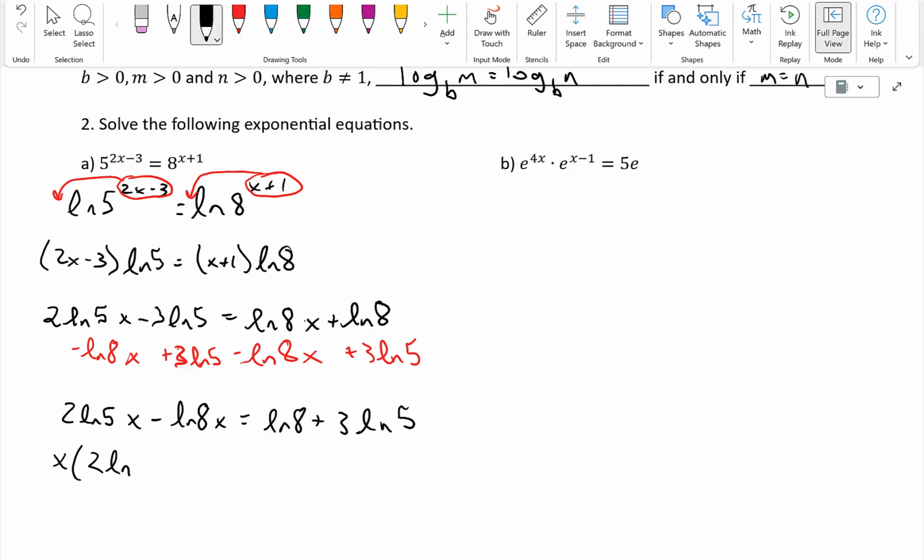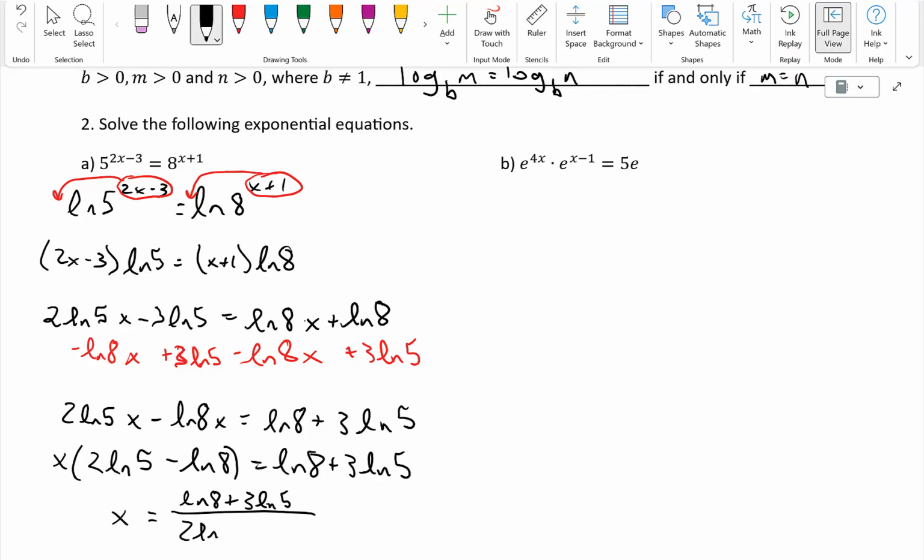So x times our quantity, 2 ln 5 minus ln 8, is equal to ln 8 plus 3 ln 5. And to solve for x then, we just want to divide out that whole factor that's being multiplied by. So x would be equal to ln of 8 plus 3 ln of 5 divided by 2 ln 5 minus ln 8. And that is perfectly fine for our exact answer.